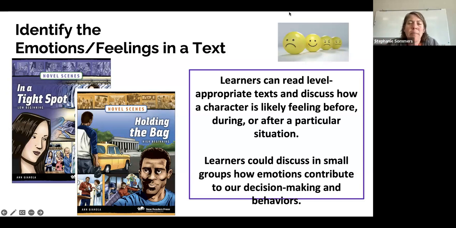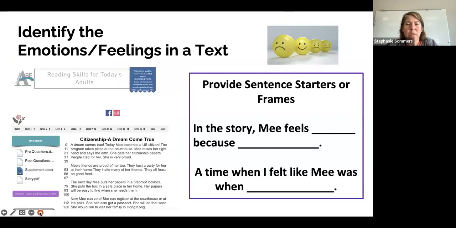The intermediate or high beginning has to do with this gentleman who's a taxi driver. And they go through a number of different situations that might make good opportunities to discuss how people are feeling and maybe what's motivating their decision making. These are just a couple of examples, of course. There are many other types of examples.